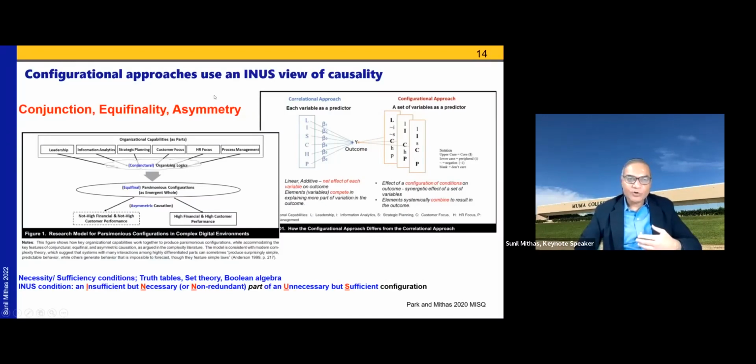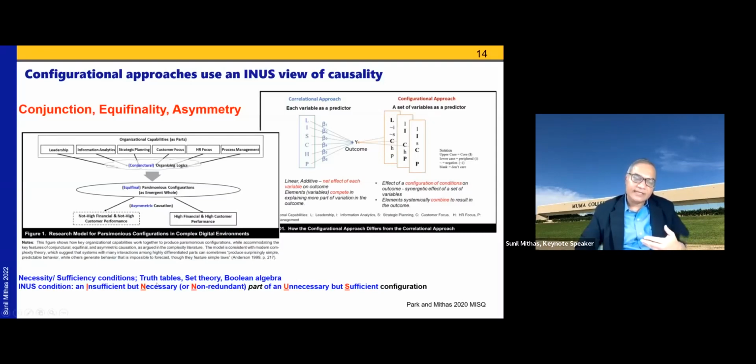And as I said before, the underlying mathematics is very different. So the logic for establishing causality here is based on the necessity and sufficiency conditions, which goes back to the work of Mill and also many other philosophers. In fact, these conditions are also used in the Shadish, Cook and Campbell book.